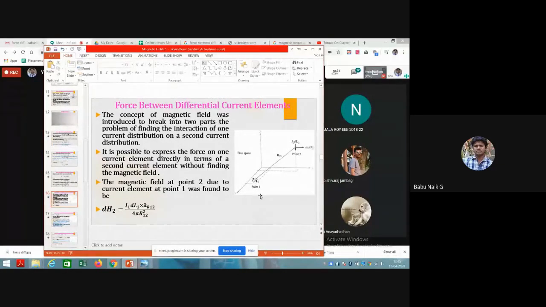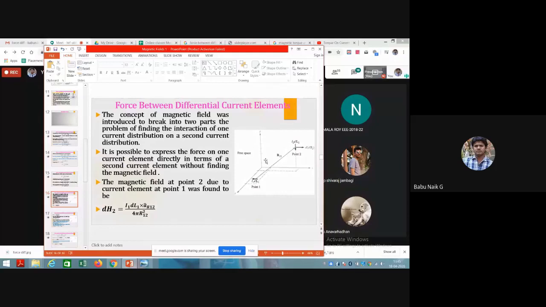When we consider a closed rectangular box or any other circular path, the force is created in two ways, one side and the other side. The current flows through one side and the other current flows through the other side. So between these two, what will be the force?